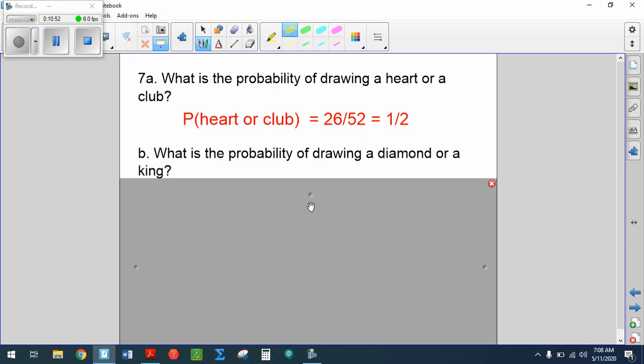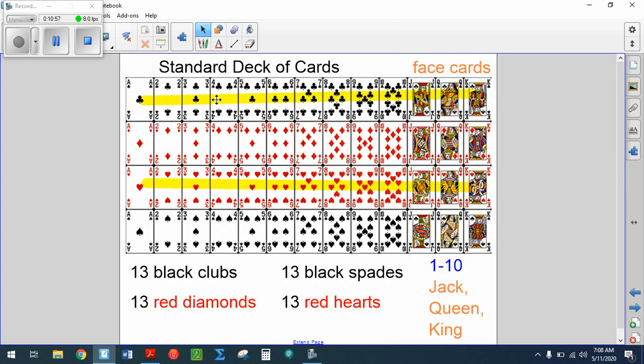What's the probability of drawing a diamond or a king? So there are 13 diamonds, and there are 4 kings. But my answer is not 13 plus 4. The king of diamonds, if you're not careful, would be counted twice, because the king of diamonds is a diamond, so it's one of those 13 cards.